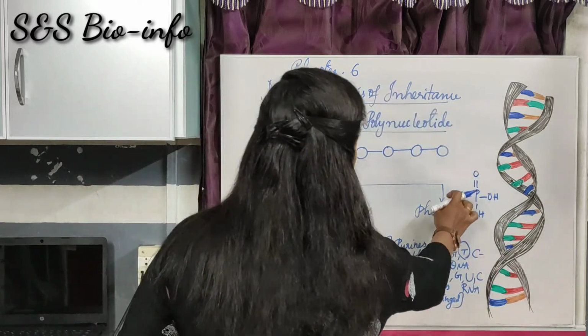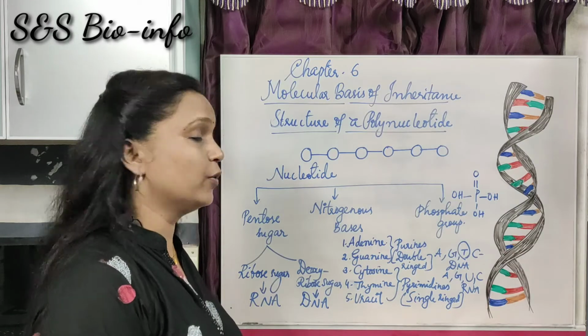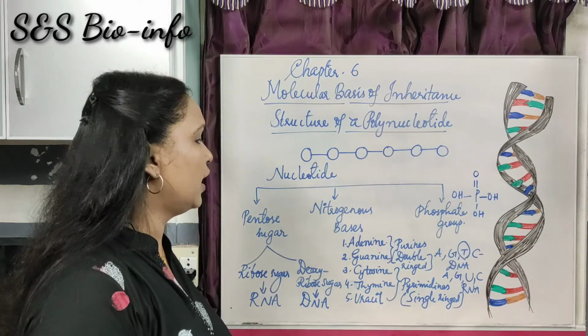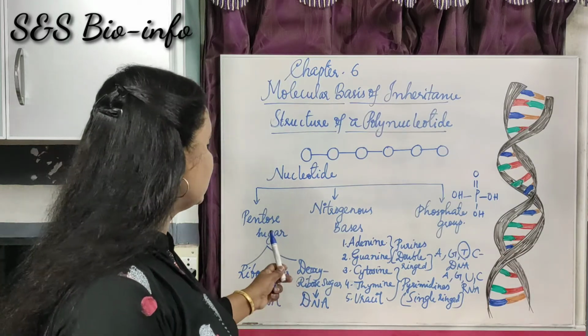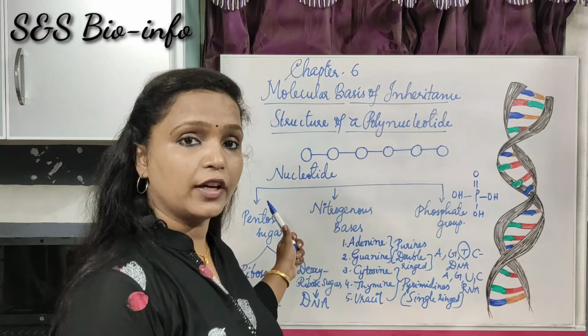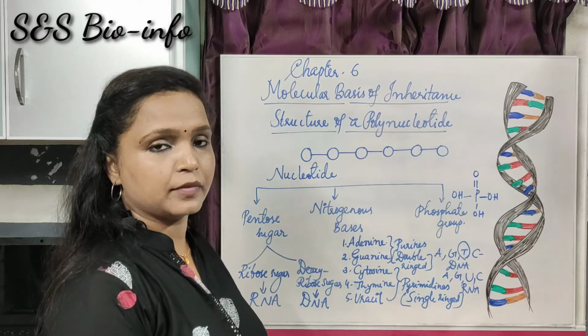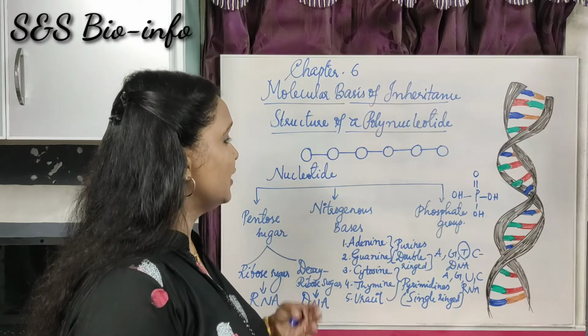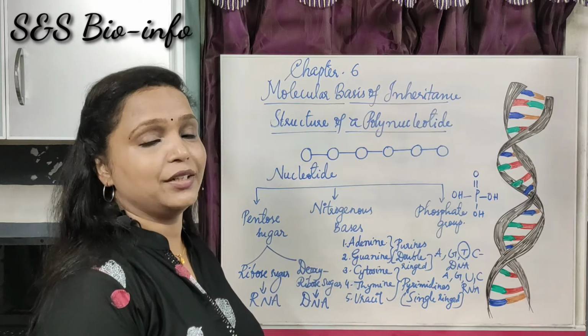This is the structure of the phosphate group that is found both in RNA and DNA. So, these are the 3 components of a nucleotide. Now, let's understand the diagrammatic structure of the nucleotide.